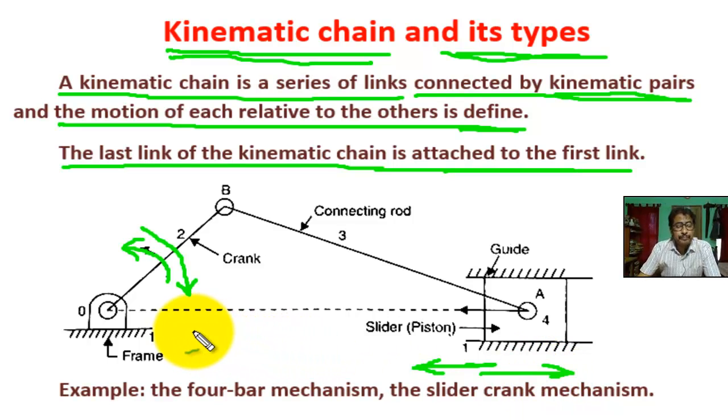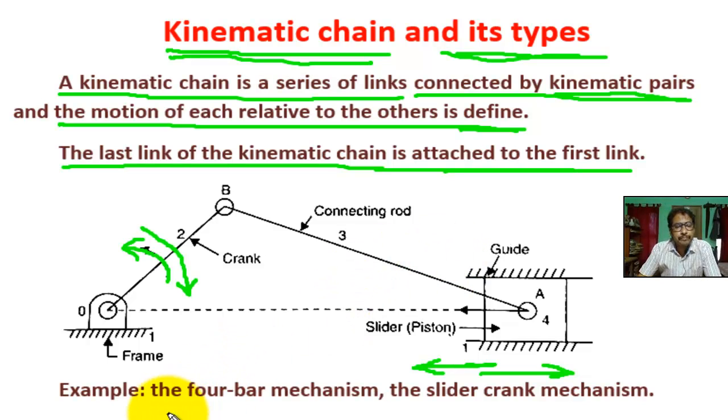So the motion of each link is defined. Hence the total combination of links 1, 2, 3, 4 is a kinematic chain.